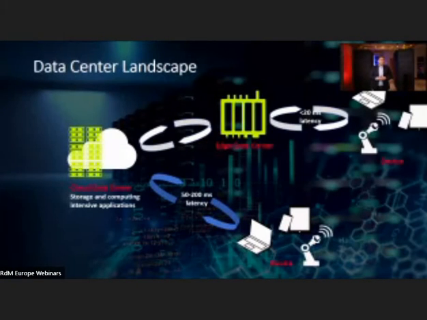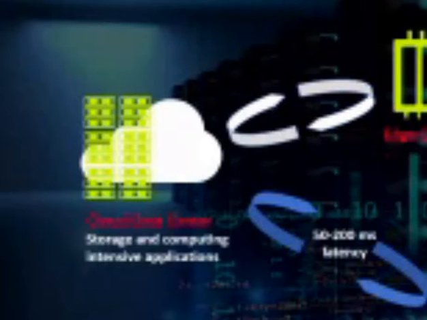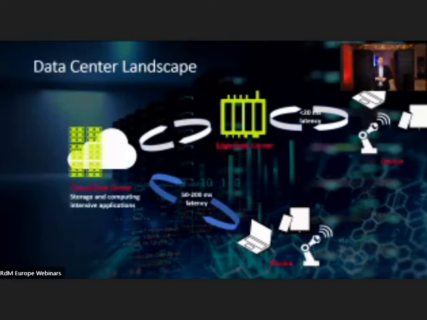And on this slide, you can see what is behind the idea of edge computing. On the right corner, you can see the end devices like computers, tablets, and other devices which are connected directly to the internet, and those devices are sending data.